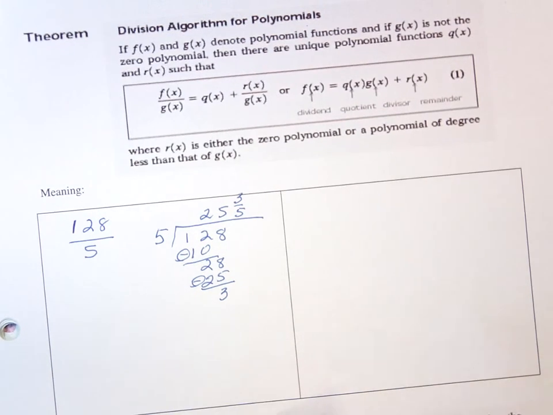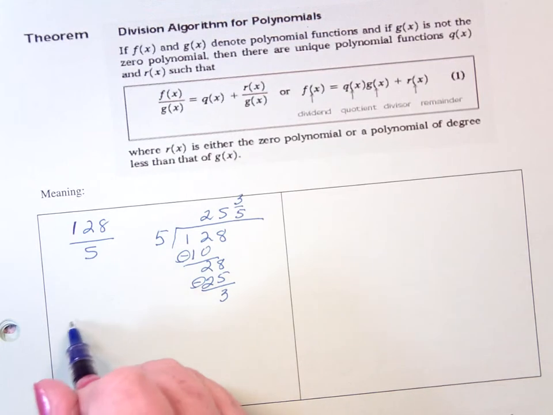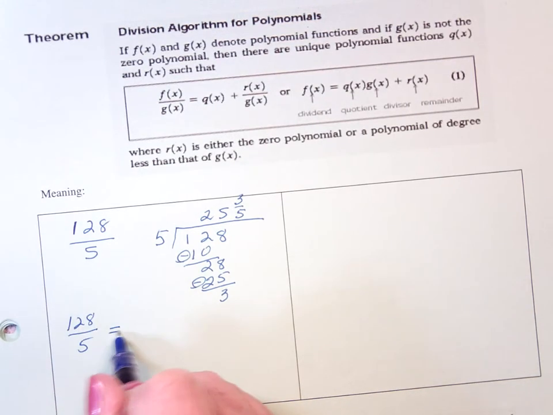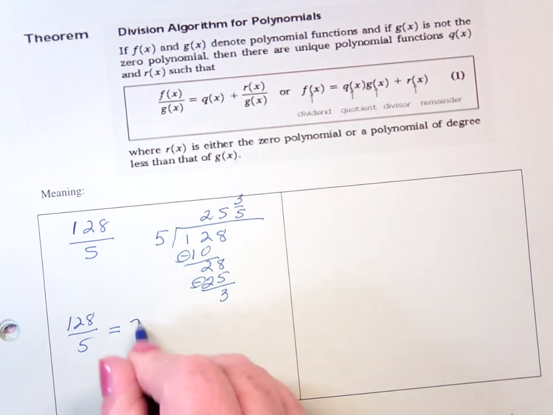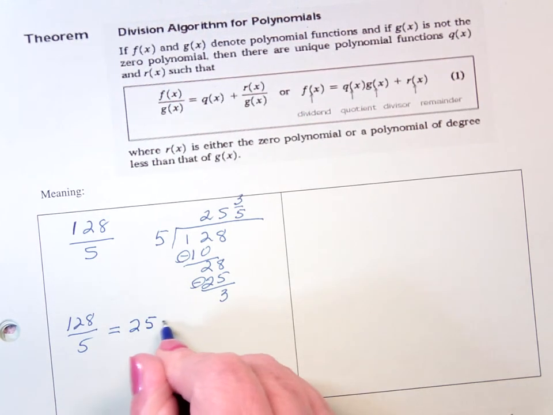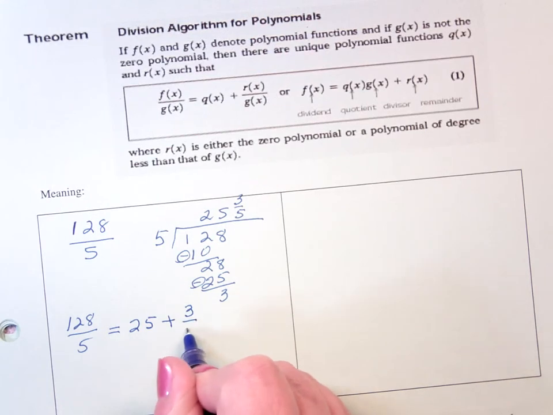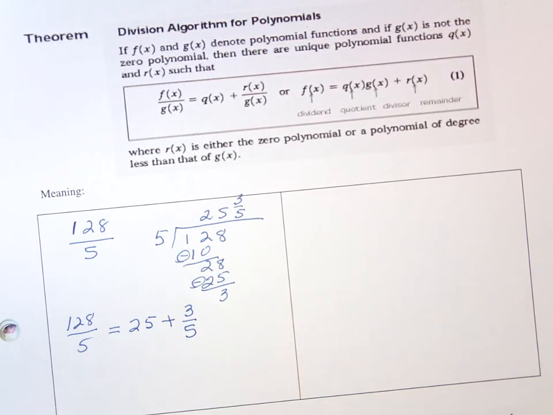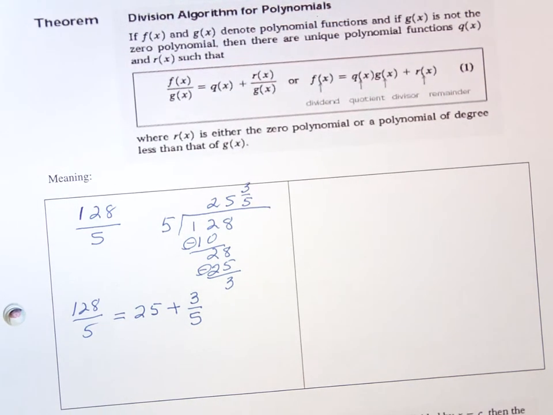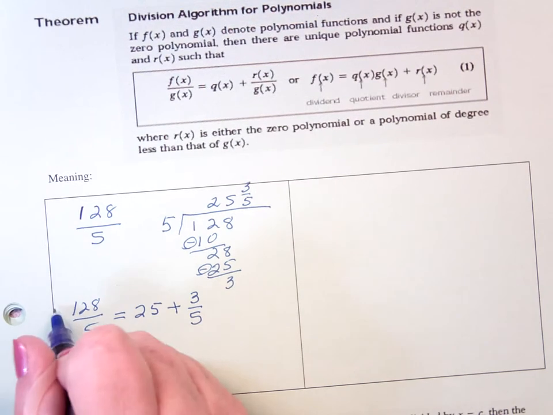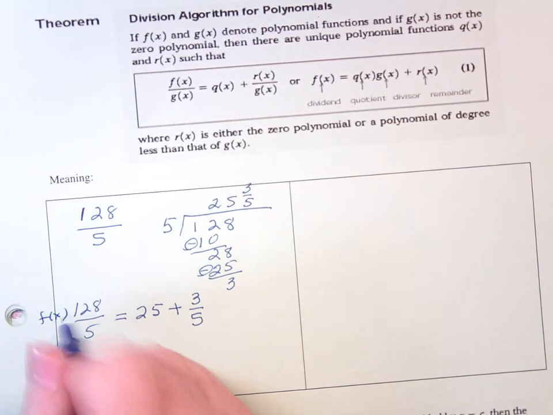Or I could actually write it this way, that 128 divided by 5 is equal to 25 plus the remainder, which is 3, divided by the divisor, which is 5. This is my f of x.